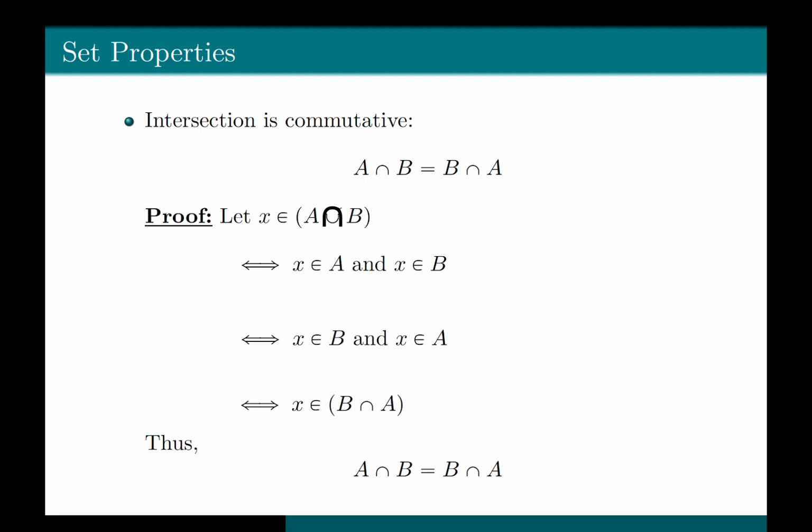Here we have used the if and only if condition, the arrow on both sides, and we have proved that A intersection B is a subset of B intersection A, and B intersection A is also a subset of A intersection B, therefore A intersection B is equal to B intersection A.